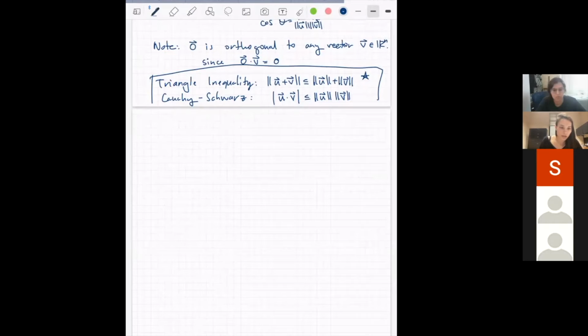All right, so next we can talk about a vector being orthogonal to an entire subspace. And so we'll have a definition of this.